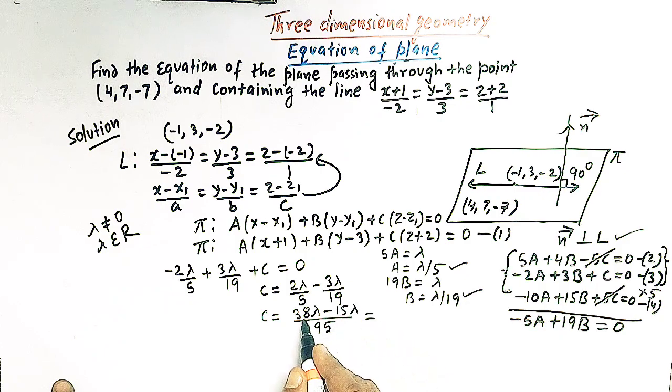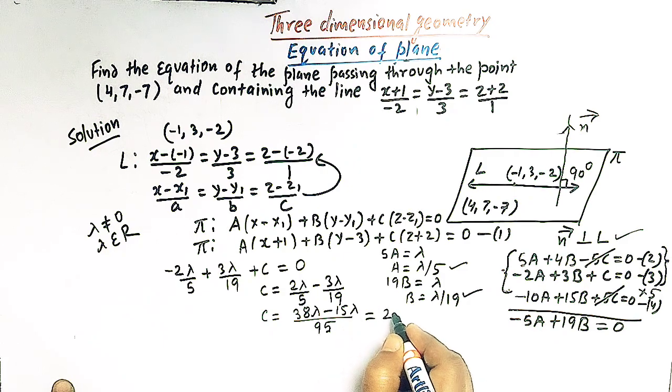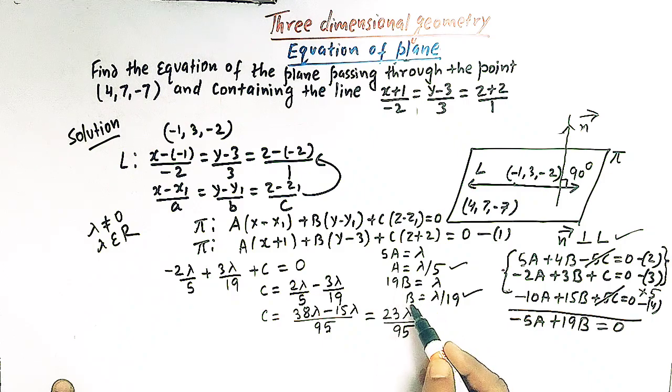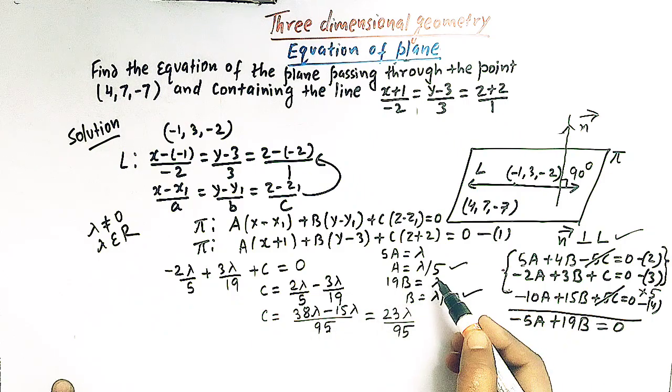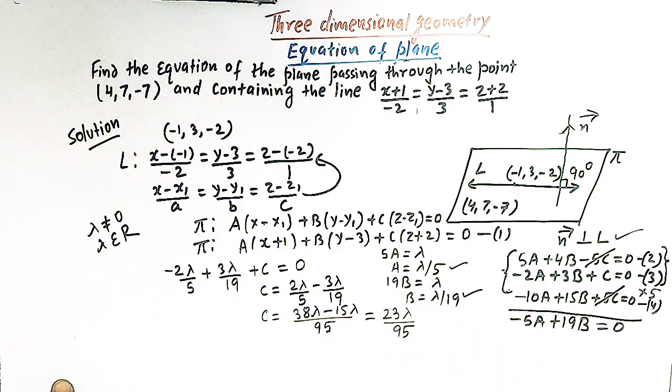So now 38 lambda minus 15 lambda is equal to 23 lambda over 95. So now the values of a, b, and c are expressed in terms of lambda.